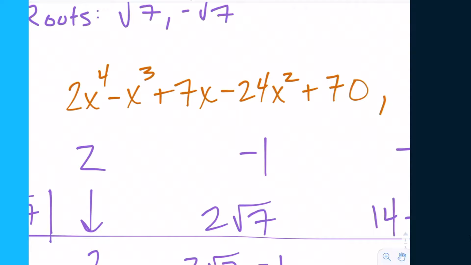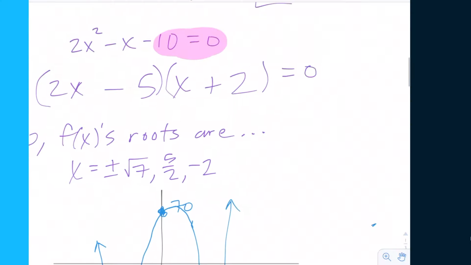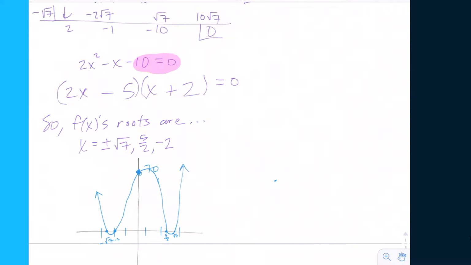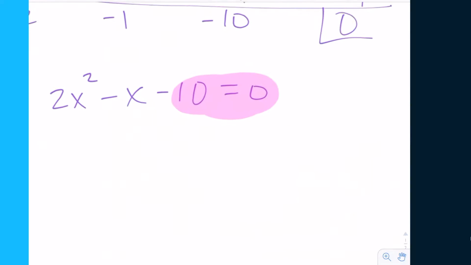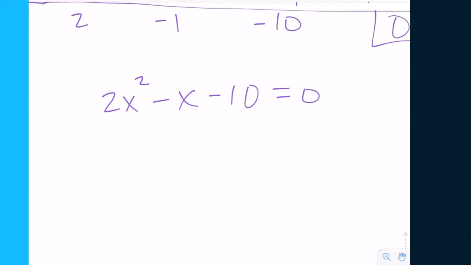Can you show it without having to use the quadratic formula? Oh, sure, absolutely. Let's go ahead and get the same answers by the quadratic formula. I like that. Because might you have the quadratic formula on the test? Heck yeah. Okay, so you want to write it in descending order of degree, which it is. And you might want to put a 1 here so you can see the coefficient.